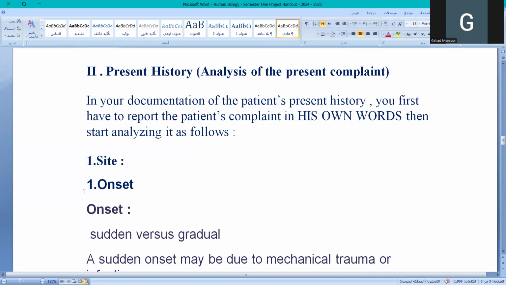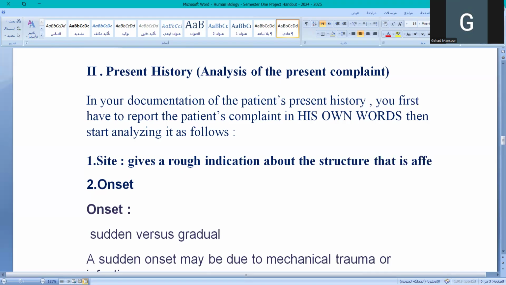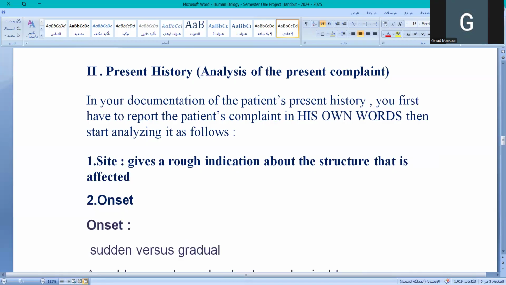The site is important because it gives you a rough indication about the organ that might be affected, the structure that is affected.